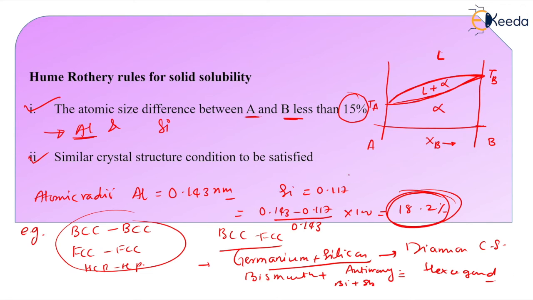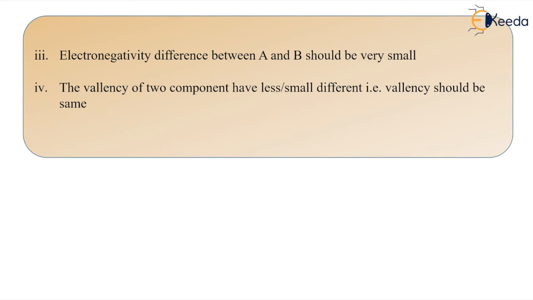If I take copper and nickel, they have the FCC structure. So to have solid solubility, the second very important rule is that these two elements should have the same crystal structure.